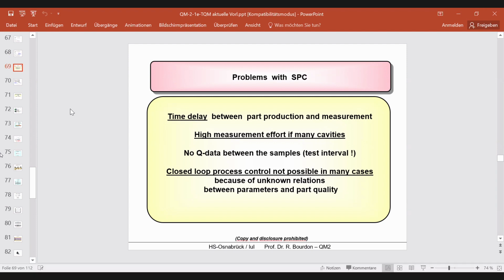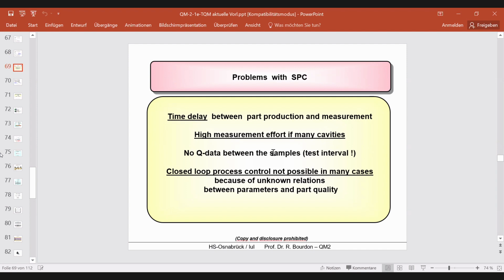Also, you have one disadvantage: you have no quality data, no measurements between the samples. So if you take a sample out of the production one time a shift, then there are several hours you're without any information about the quality. So the interval between taking the samples, there's no rule about this.